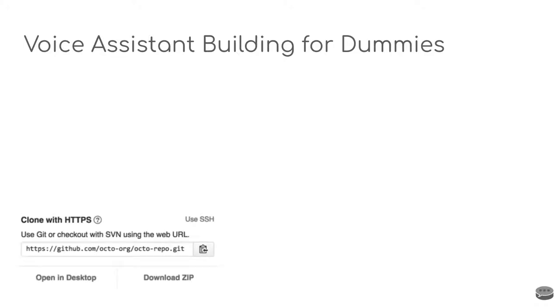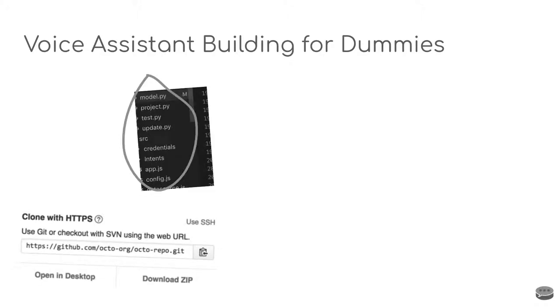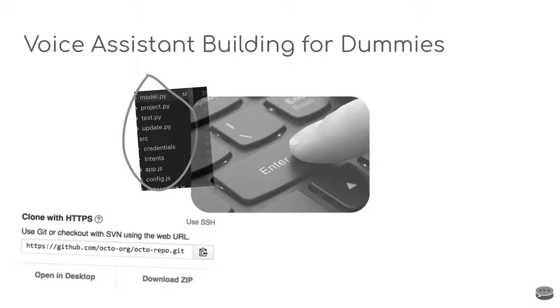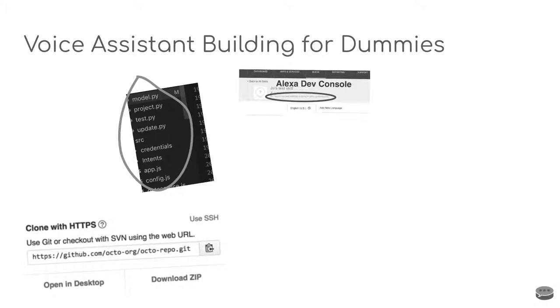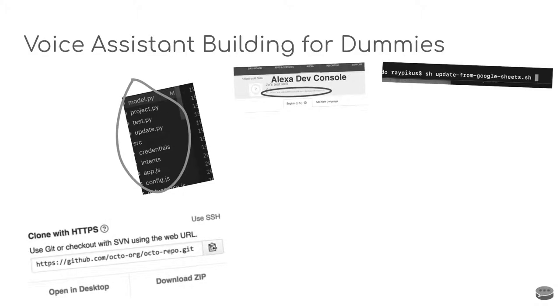I would clone the repo, and then edit a couple things. Like what? The project.js and some of the .py files, and then I just hit enter, and it updates, and then you copy and paste the Lambda and the Alexa skill ID, and then you just hit sh, space, update dash sheets, and then you hit tab.